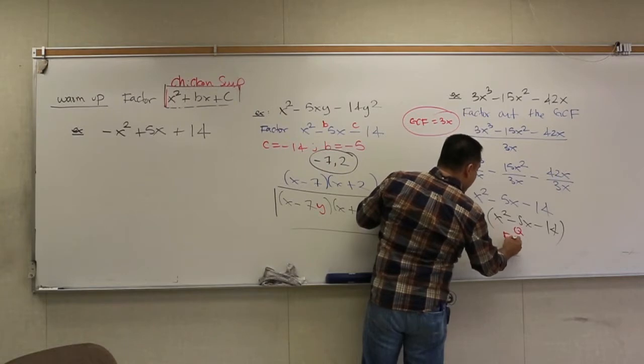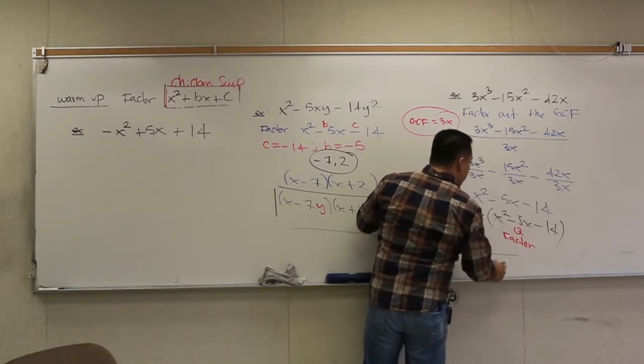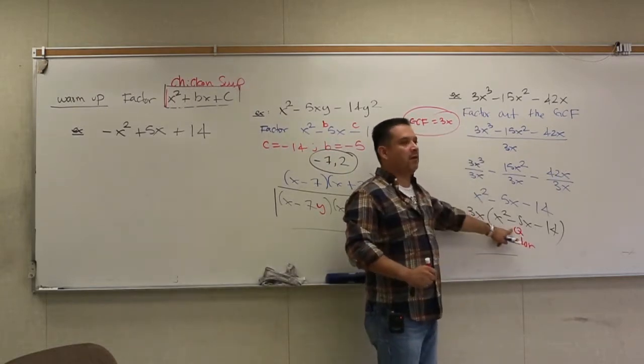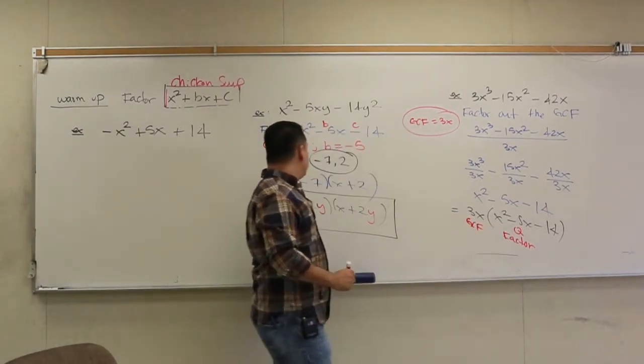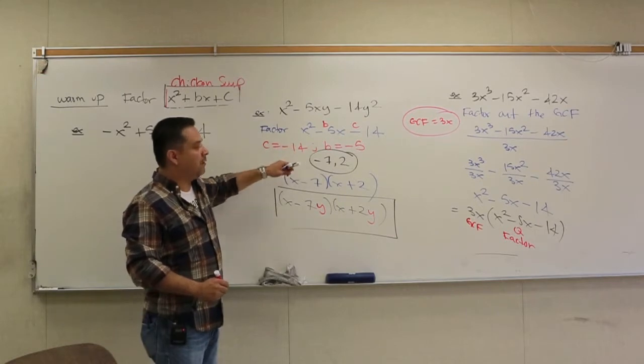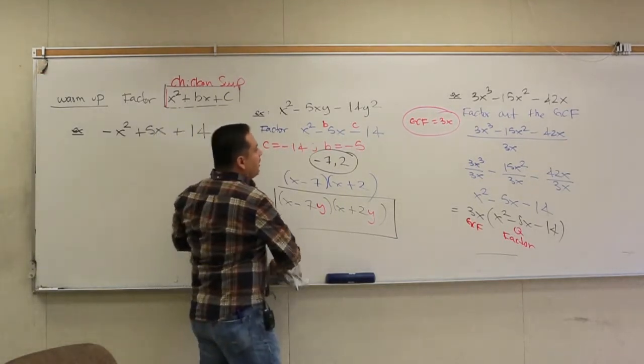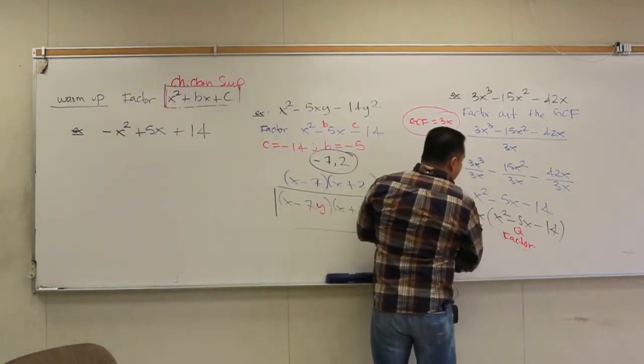What do you guys notice about that quotient? You can factor by using chicken soup. In fact, you actually did it already. It's right here. Okay, you guys did it. So I'm going to put the answer right on top.